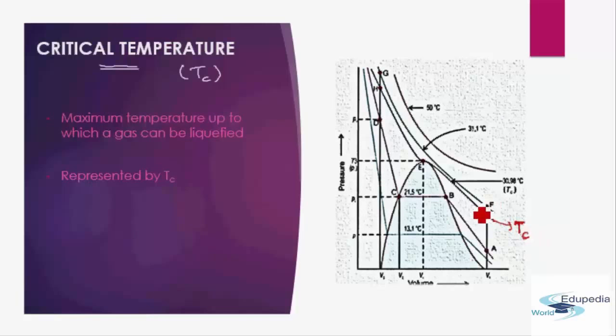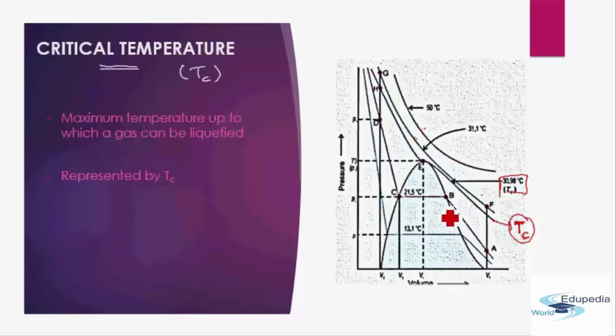Above this curve, that is, if temperature is greater than Tc, greater than 30.98 degrees centigrade, then my gas cannot be liquefied, no matter how high the pressure I am applying. Tc is the maximum temperature up to which the liquefaction process is possible. Above that I will always have only gaseous phase, and below that I can have either liquid or gas or both in equilibrium with one another.